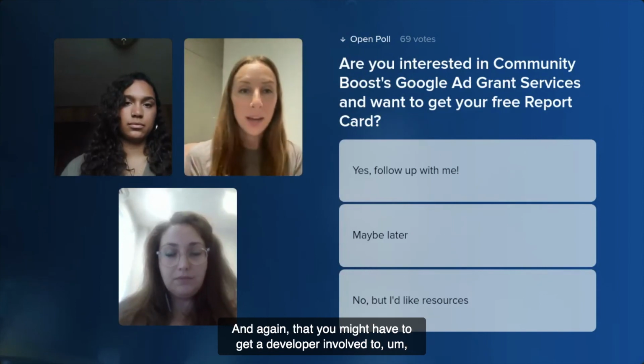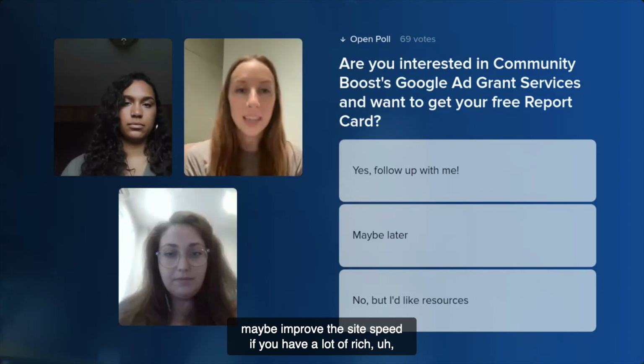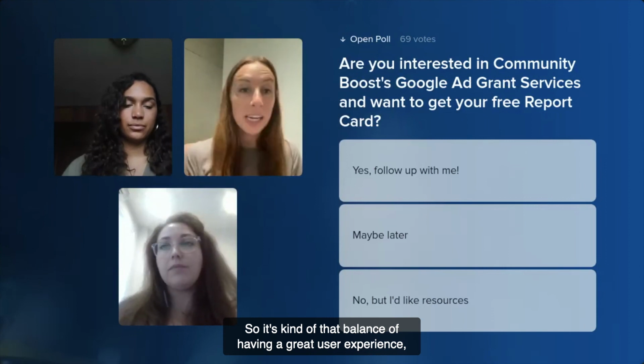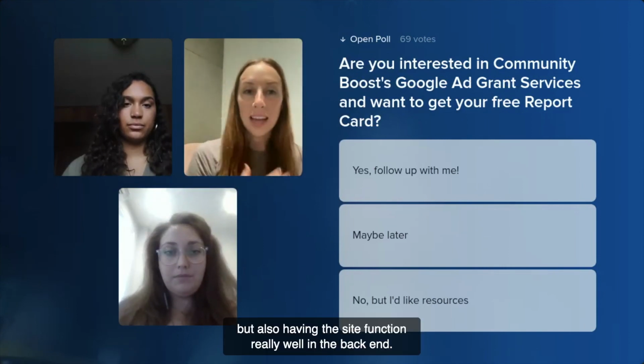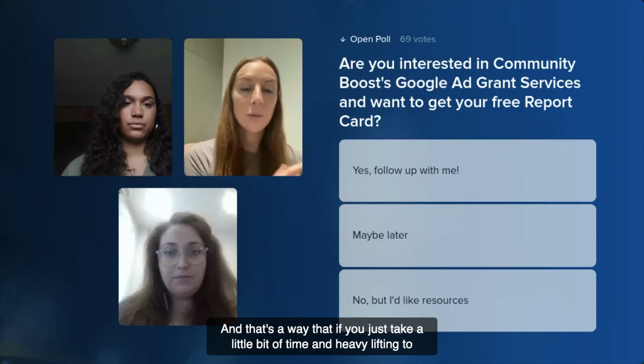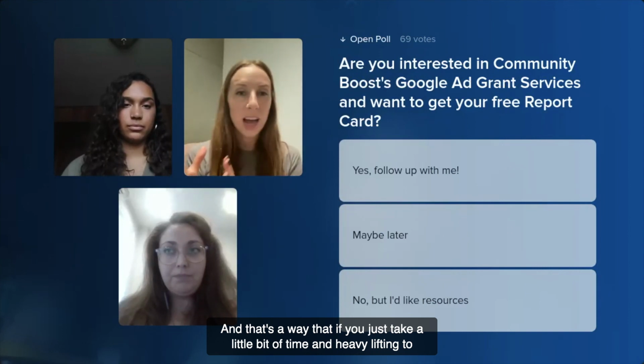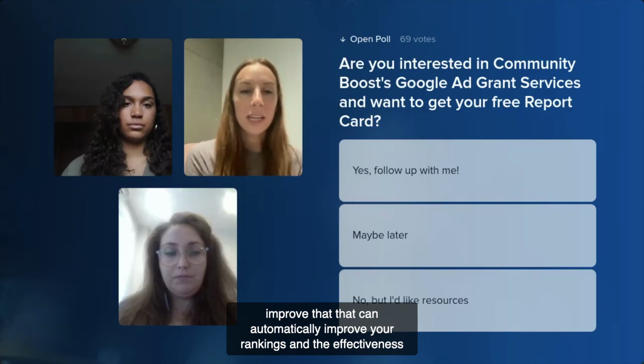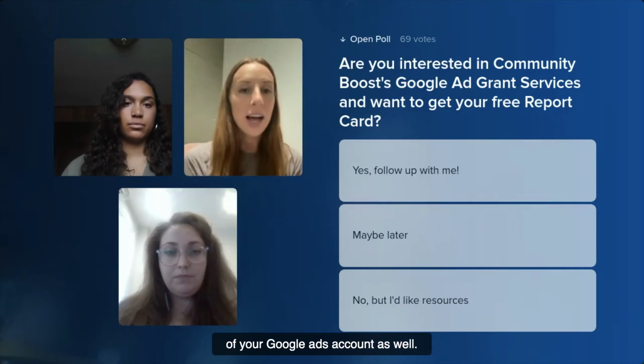And again, you might have to get a developer involved to improve the site speed if you have a lot of rich images or videos on site. So it's that balance of having a great user experience, but also having the site function really well on the back end. And if you just take a little bit of time and heavy lifting to improve that, that can automatically improve your rankings and the effectiveness of your Google Ads account as well.